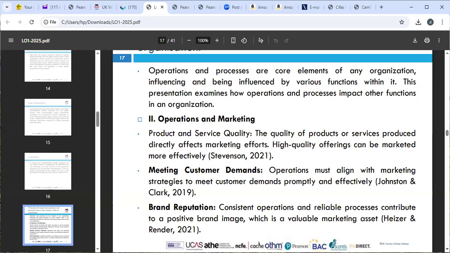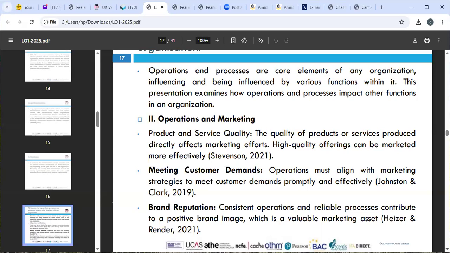And so the operations must work hand in hand with the marketing departments for product quality. In other words, it is the operations department that would deliver essential information needed for the marketers to send out to the public.